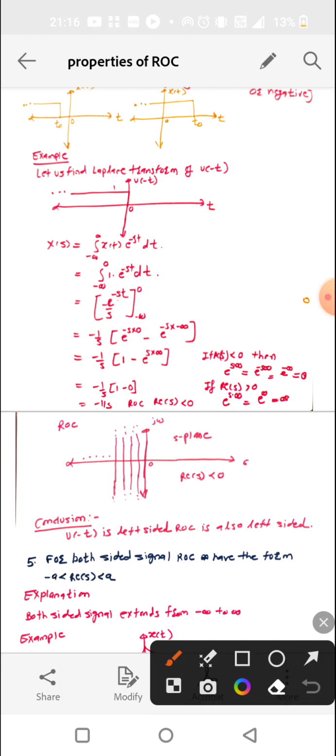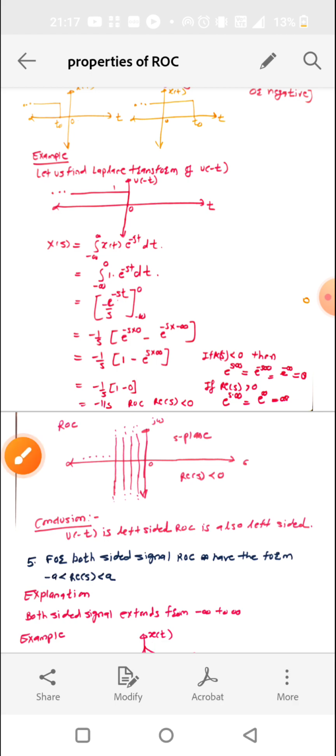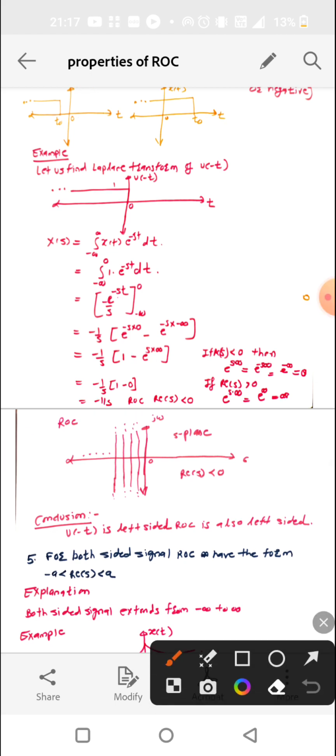Now what we have just previously seen is that we want here e raised to minus infinity. For that, s should be less than 0. So real s should be less than 0, then only we will get e raised to minus infinity equal to 0. Otherwise, e raised to plus infinity, you will get. S can be 1, 2, 3, 4, anything.